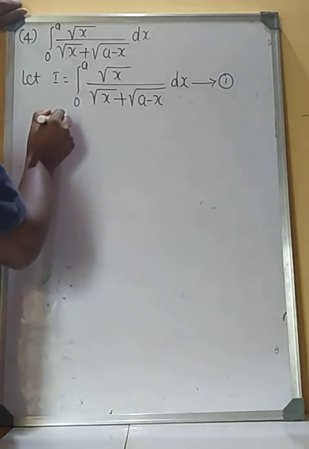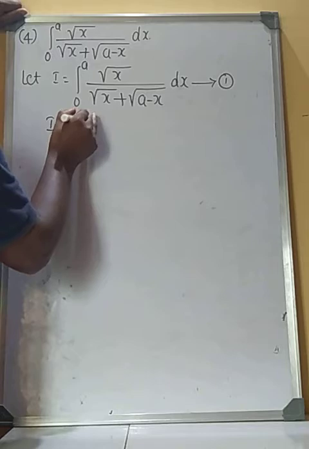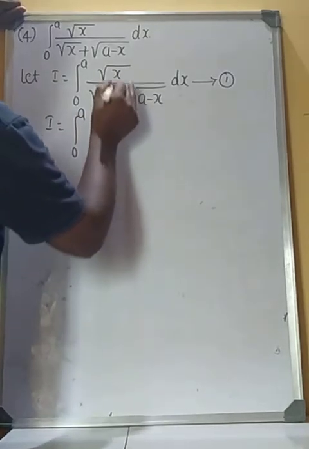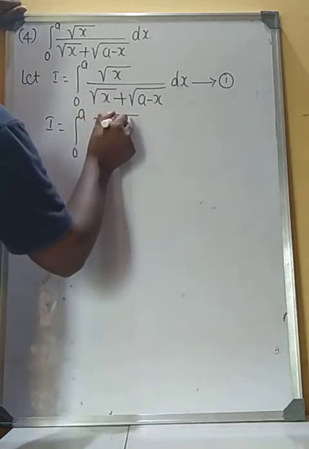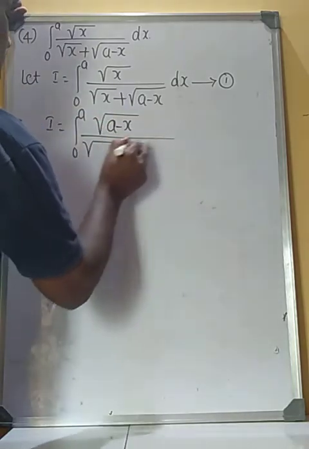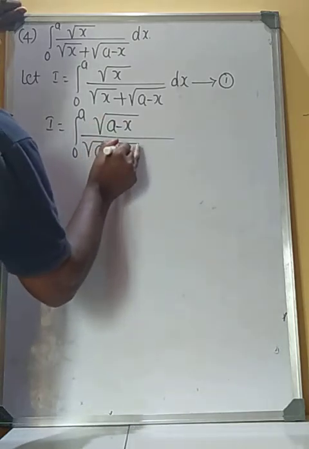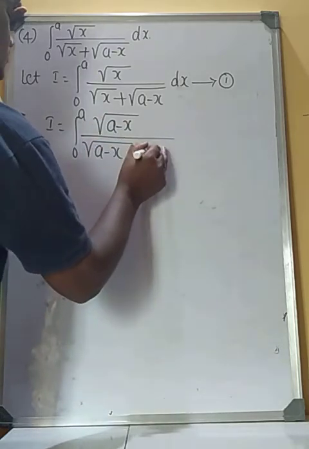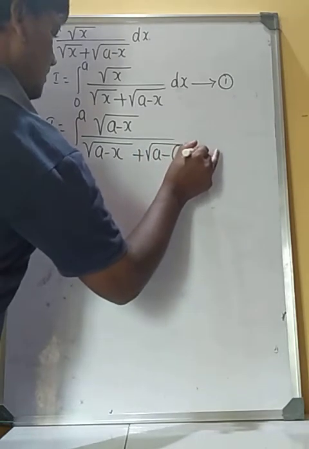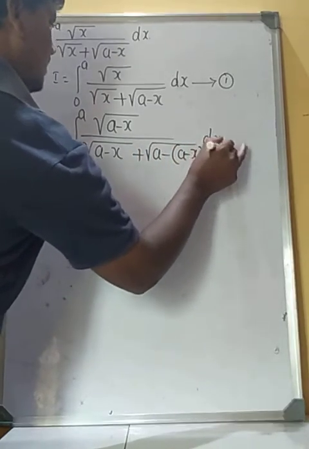Therefore I is equal to integral 0 to a, where x can be written as a minus x, root of a minus x divided by root of a minus x plus root of a minus of a minus x into dx.